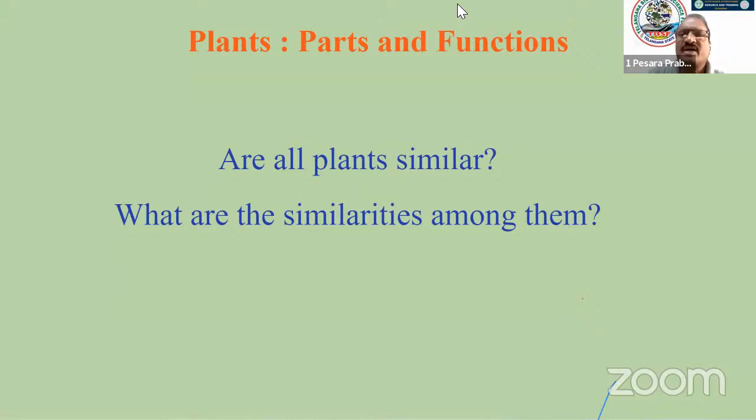And rest of all? No, right. Siddharth, no, plants are not similar, right? Very good. Okay. Even though from 27 participants, only 2-3 are active in the chat, no problem. So here, all plants are not similar.